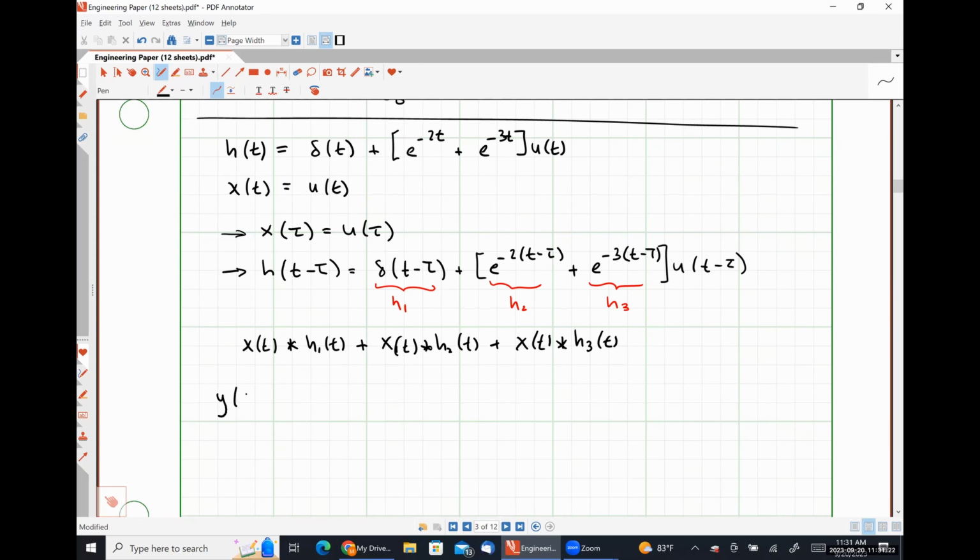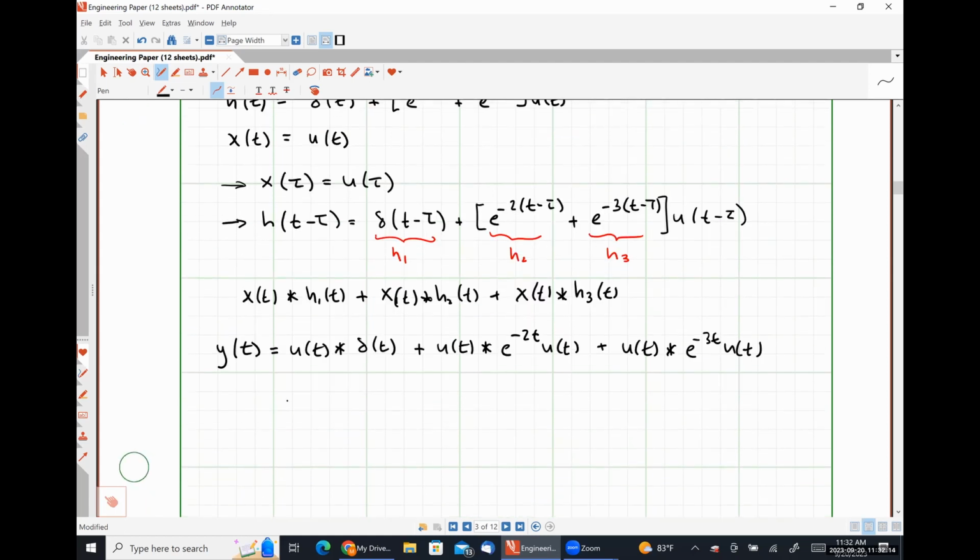So my response is going to be u of t convolved with delta of t plus u of t convolved with e to the minus 2t u of t plus u of t convolved with e to the minus 3t u of t, like so.